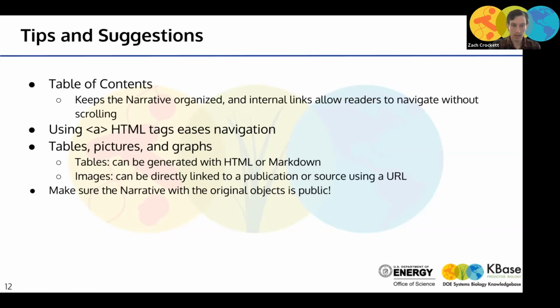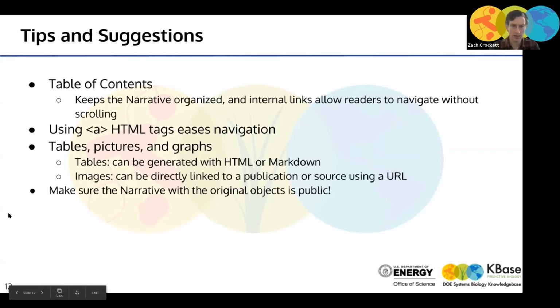And you can combine those two to create an interactive table of contents that will link you to relevant sections. That's a really handy trick to avoid scrolling, especially if you have a very large narrative with tens or hundreds of app cells.